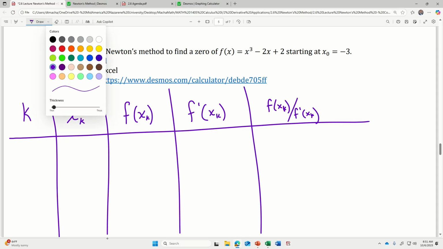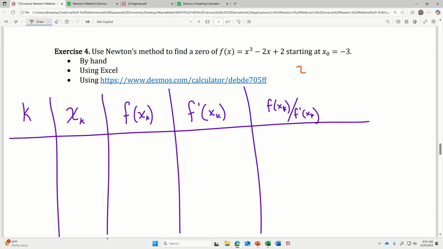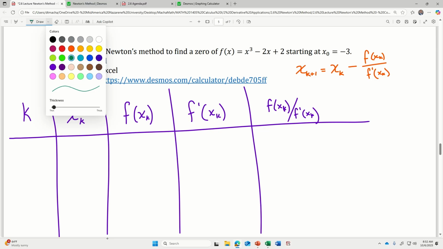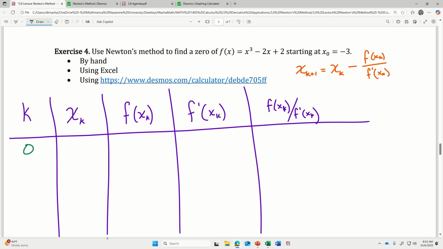To get my next iterate, I'm going to need to use the Newton's method formula, which says my next iterate is equal to the previous iterate minus that ratio that we calculate. And to start, k is equal to 0.